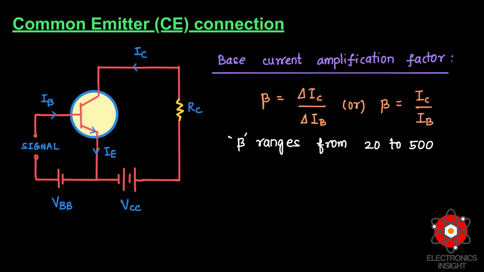As we know, beta is nothing but del IC by del IB. Alpha also we know, I've discussed in the previous video. The video link is shared in the description box below and in the I button, where alpha is del IC by del IE. And we also know that the total emitter current would be the sum of base current and the collector current.